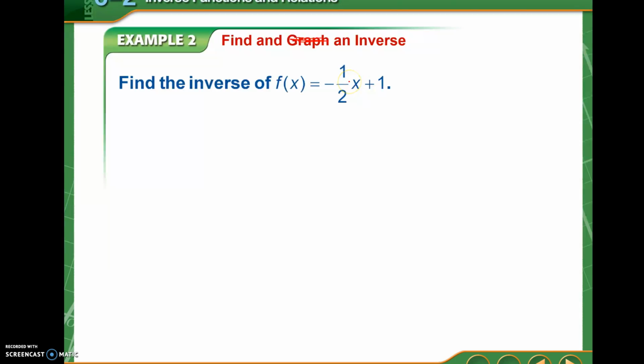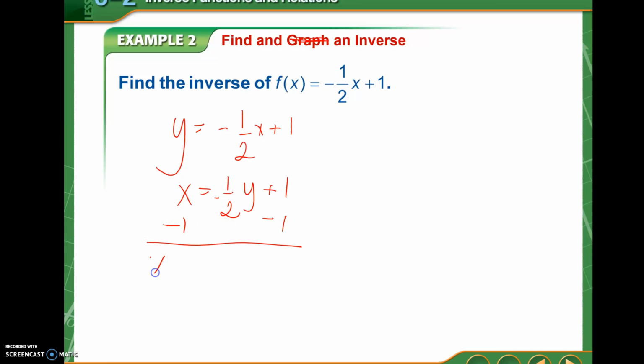So here is my inverse function, and I can rewrite this as y equals -1/2 x plus 1. And we saw that for the relations, we just switched the x and y, so we're going to kind of do the same thing here. So wherever my y is, I'm going to put an x, and wherever my x is, I'm going to put a y. And I'm going to solve for y, because I'm writing a new equation.